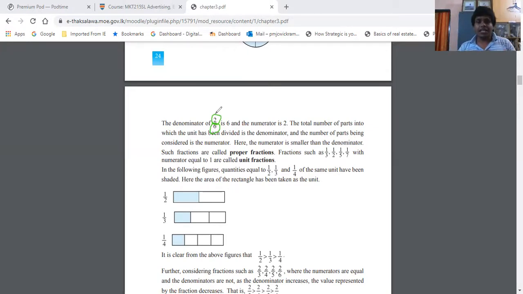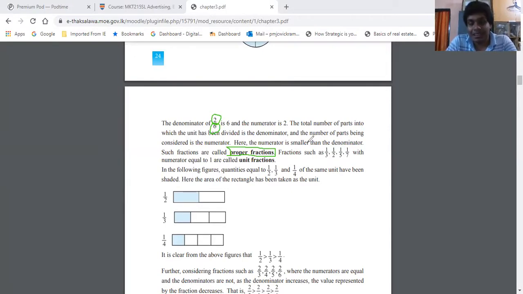Here, if the numerator is smaller than the denominator, such fractions are called proper fractions. It's not a must to remember these per se. For the first term examination, if they ask, yes, but I'm not sure whether they will ask, because it's a mathematics paper.